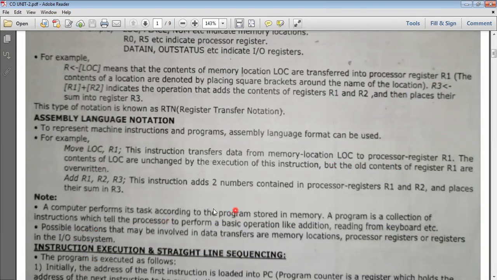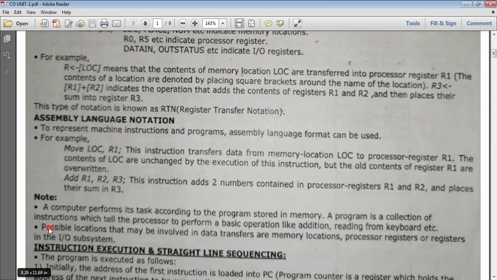A program is a collection of instructions which tell the processor to perform a basic operation like addition, reading from the keyboard, etc. Possible locations that may be involved in data transfers are memory locations, processor registers, and registers in the I/O subsystem.